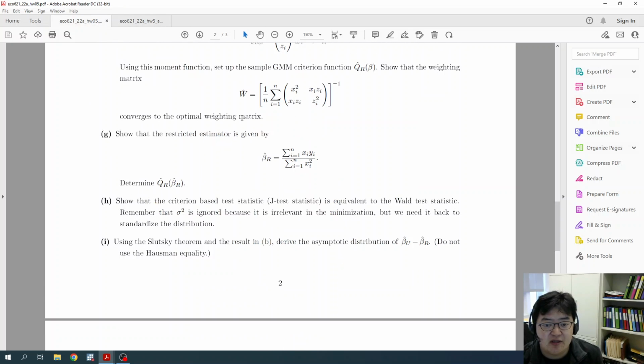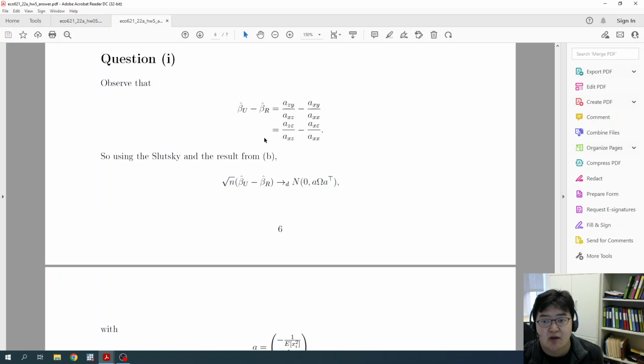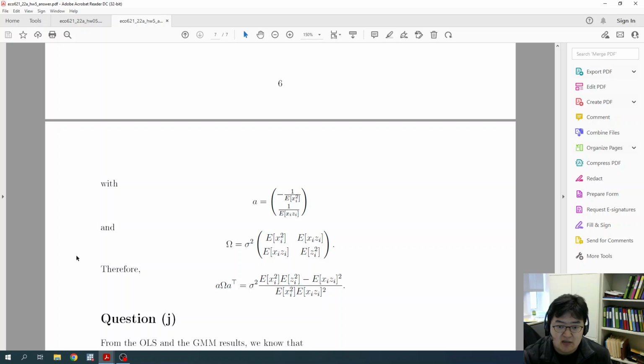Question I is about the Hausman test. So it's another type of test. You may rewrite beta u minus beta r as a linear combination of z epsilon and x epsilon, and then you may use the result from part B. And with this, you get this form.